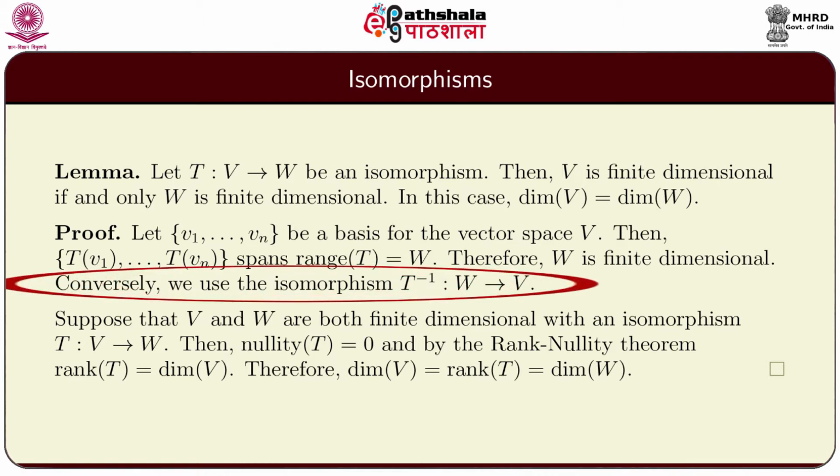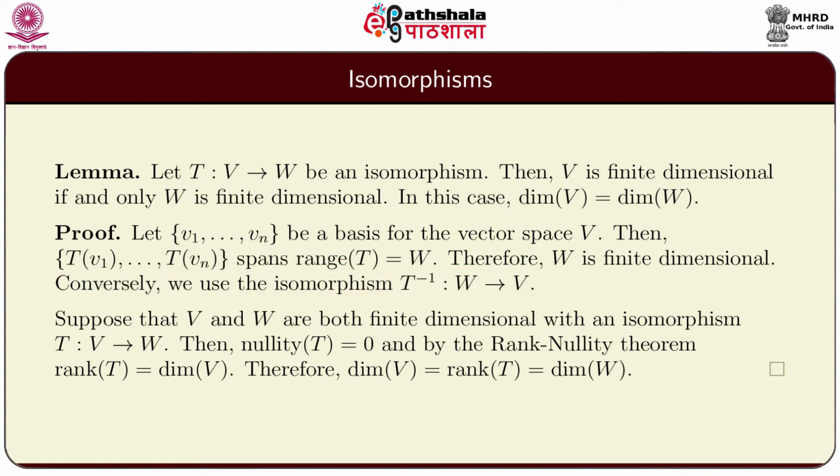Conversely, if we want to show that W is finite dimensional implies V is finite dimensional, all we have to do is work with the inverse map T inverse, which is from W to V, and proceed along the same line.